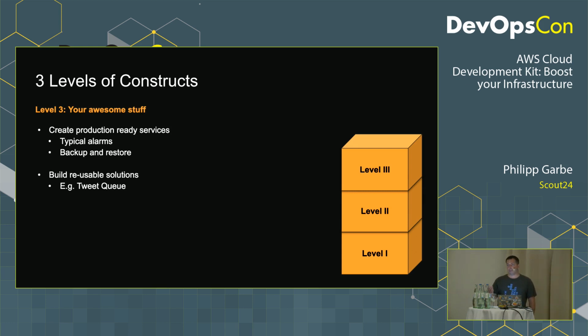Or, for example, you can have a table viewer for DynamoDB as a construct which builds a whole mini application where you can see the content of your DynamoDB. So you can see these are components and constructs on a higher level, which can also be reused by others.